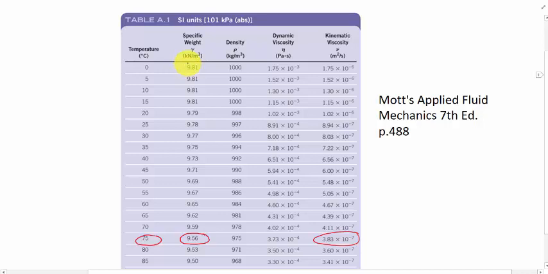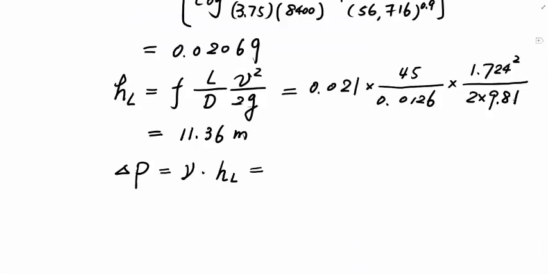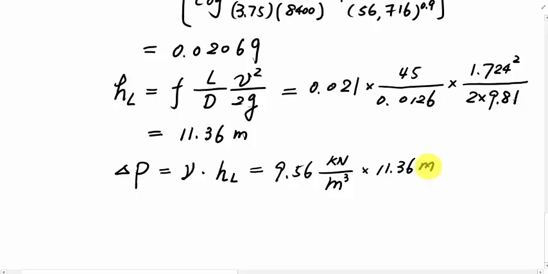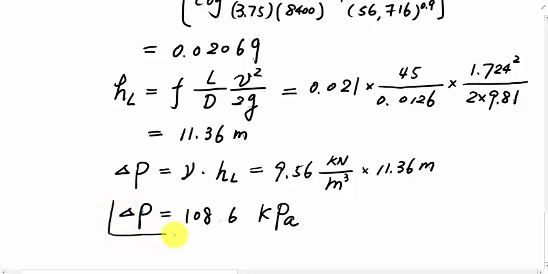So let's write this down. It's 9.56 kilonewton per meter cubed, and then we have h_L, 11.36 meters. Okay, so what do we get? We get 108.6. And what's the unit? The unit is kilonewton per meter squared, which is kilopascal. Okay, so that is the final answer of this question.